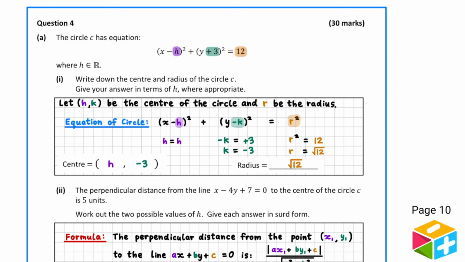Square rooting both sides, r squared equal to 12 implies r is equal to root 12. This means that the centre (h, k) comes out as (h, minus 3), and the radius r is equal to root 12.